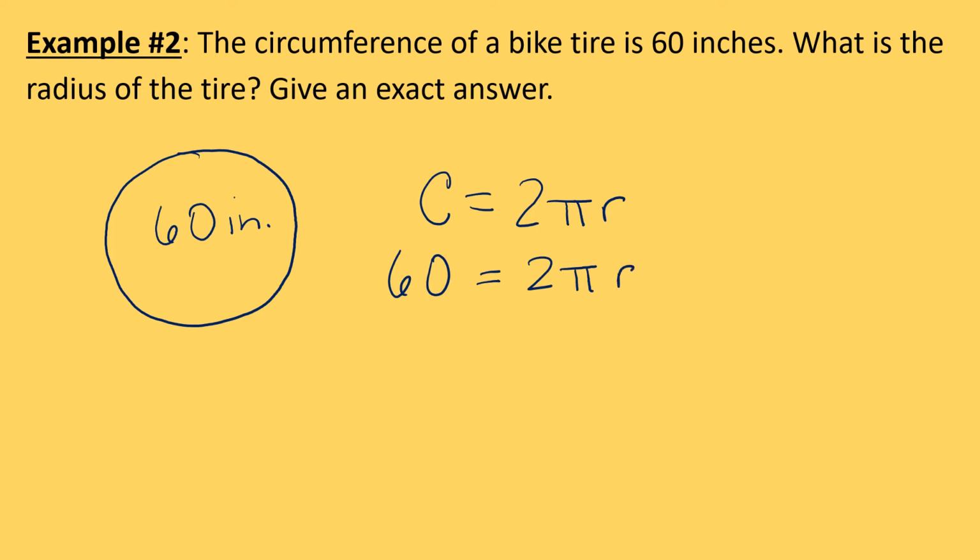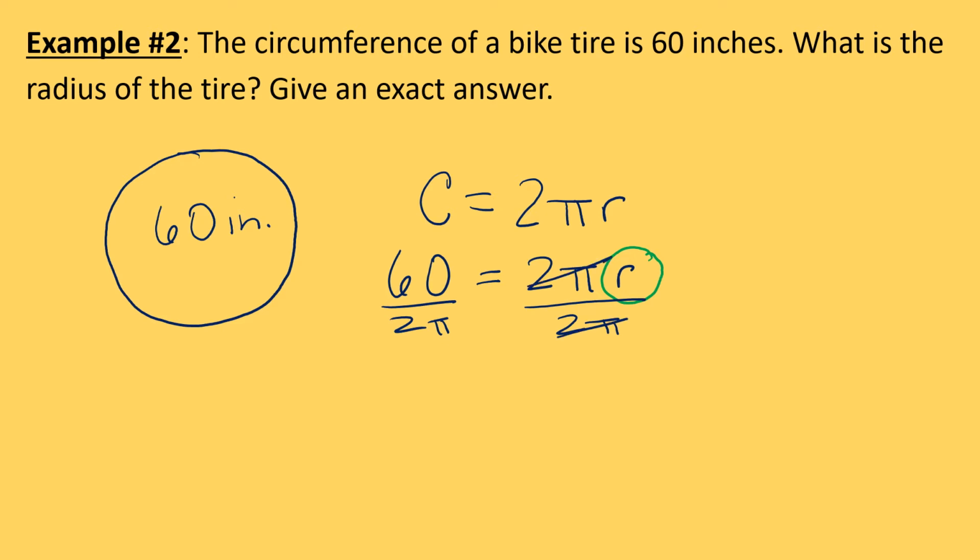Those of you who get confused easily or who don't think you're great problem solvers, sometimes it will help you to circle what you're looking for. So in this particular problem, I am looking for r. I need to isolate r and get it by itself, which means everything else must go to the other side. I'm taking 2 times pi times r, so I'm going to divide this by 2 pi, and I'm going to divide the left side by 2 pi.